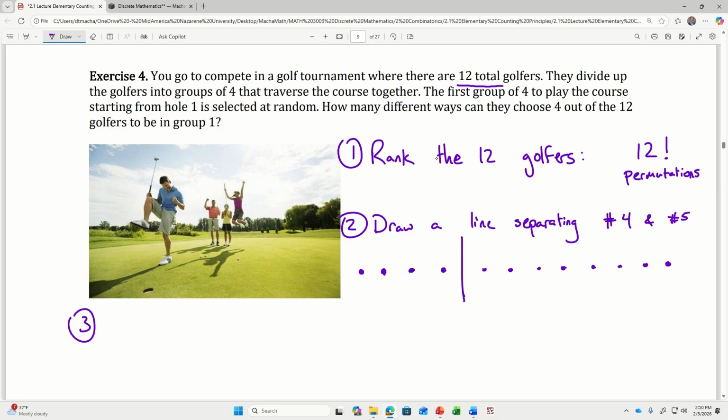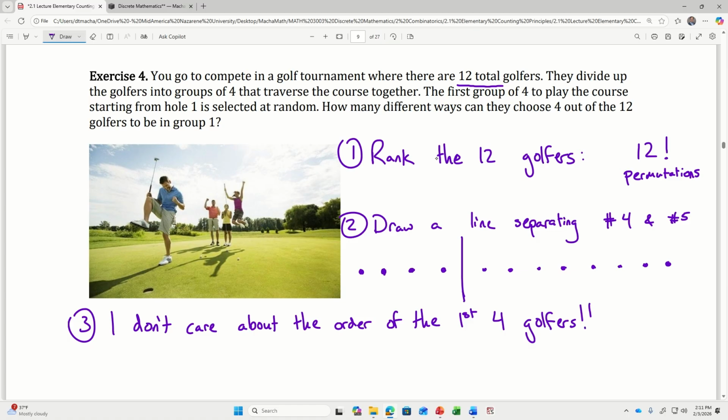Now, I don't care about the order of the first 4 golfers. What does that mean? I don't care whether this dot is Bob and this dot is Jim, or this dot is Jim and this dot is Bob.